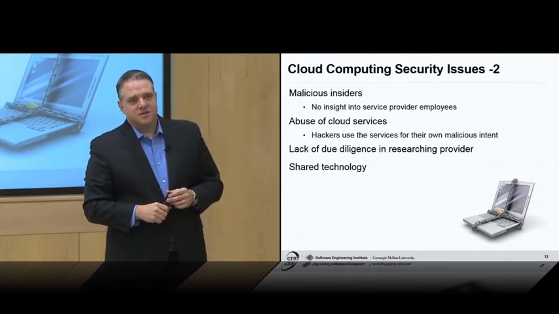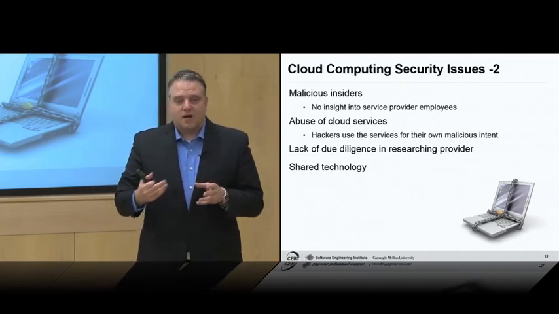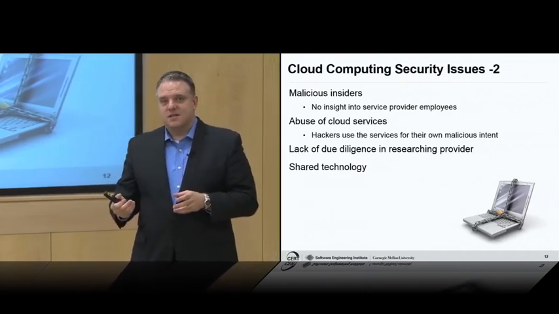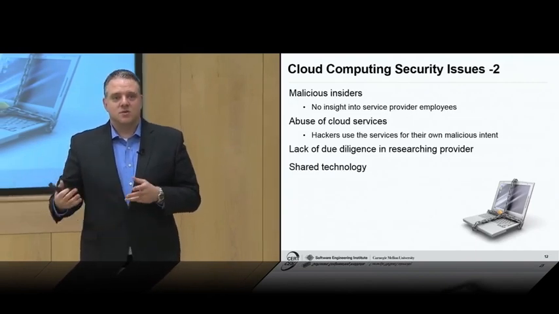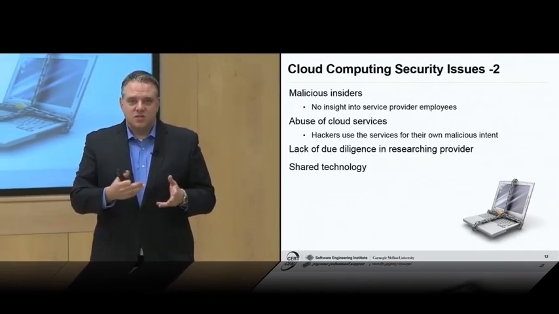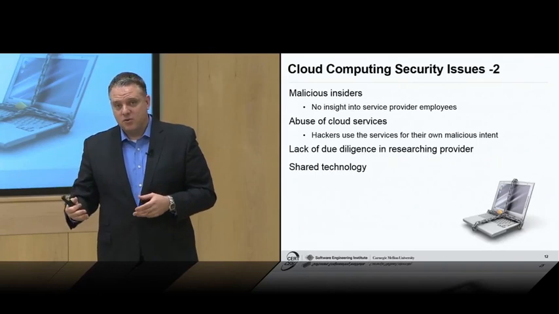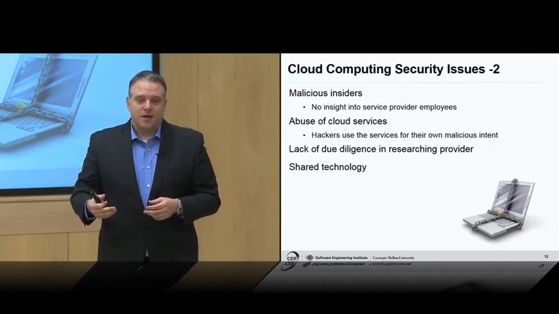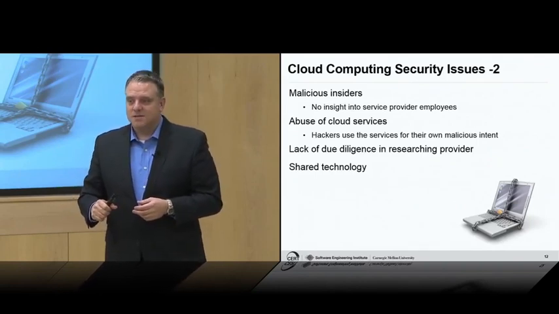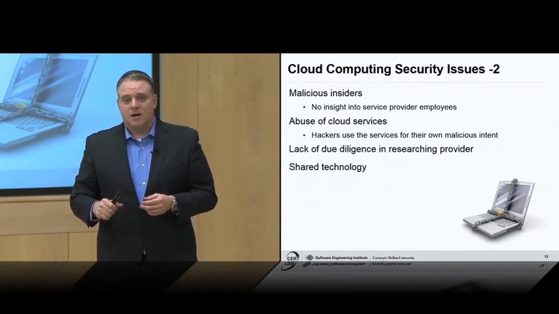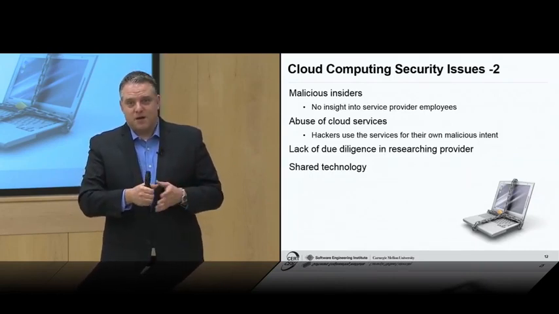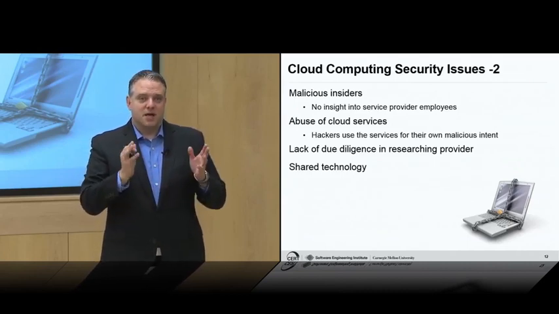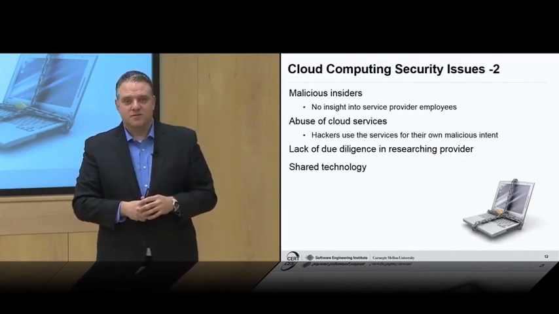Abuse of cloud services. Yes, there are hackers out there who will use Amazon EC2, Rackspace instances, Dropbox services to host malware, and the use of that may end up affecting you as well. I know we had a case a couple years ago where our email was being hosted on a shared platform. We had cloud-based email, hosted on a shared platform with other services.